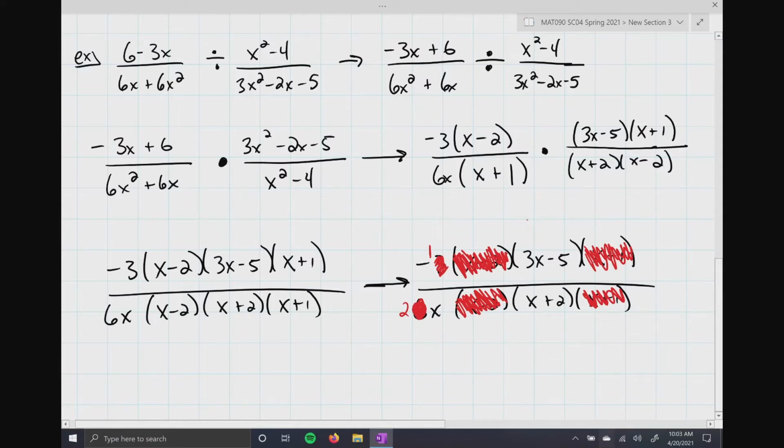Think of the parentheses as glue that holds that entire 3x minus 5 together. In other words, if you want to reduce the 3x minus 5 in a numerator, you better have the same exact thing in the denominator. That x is glued inside of that term. Does that make sense, everybody?